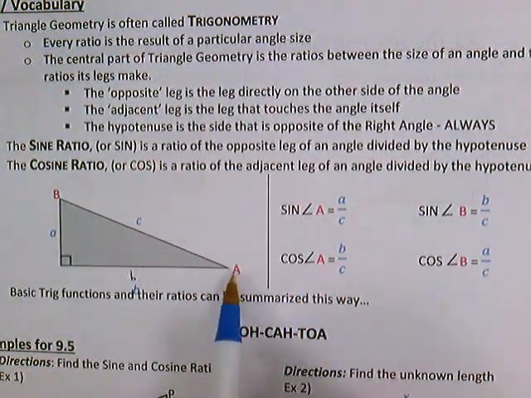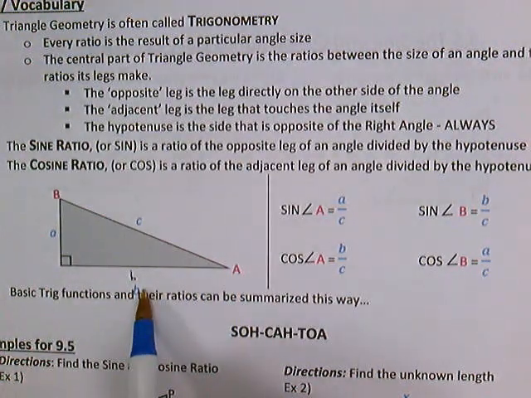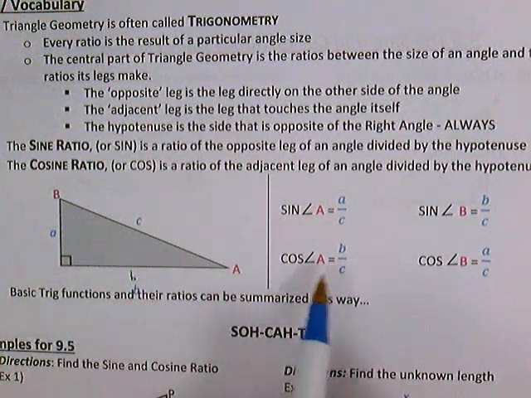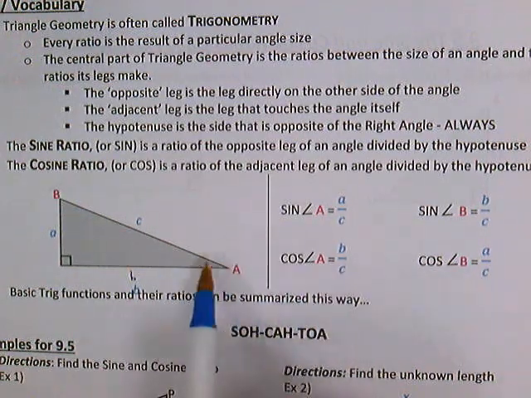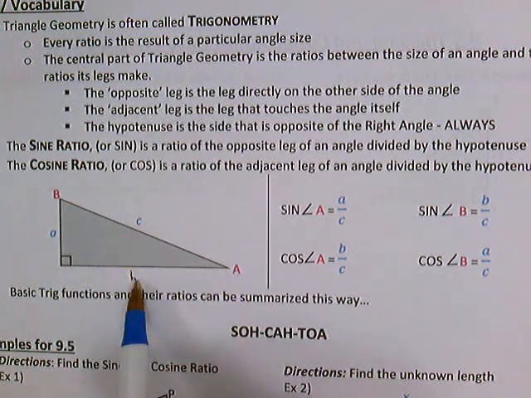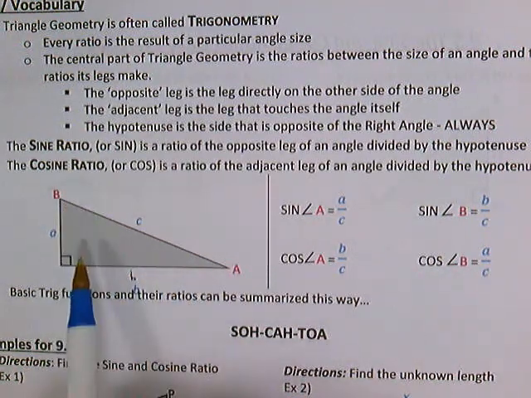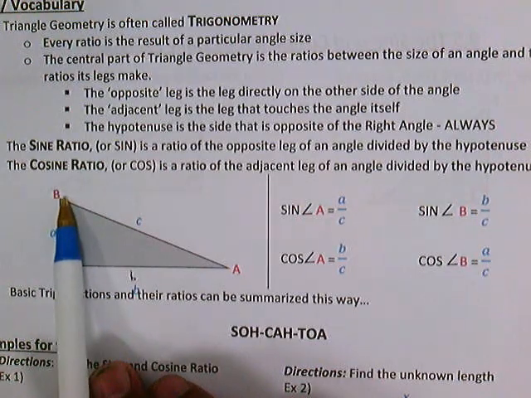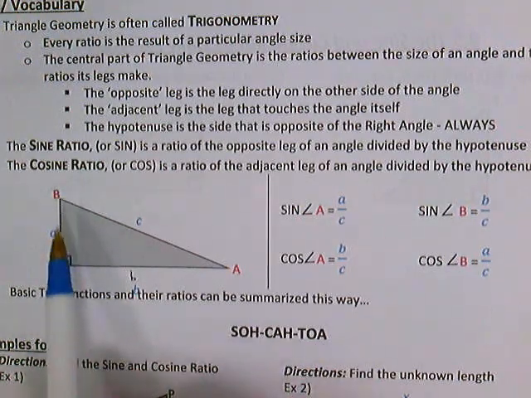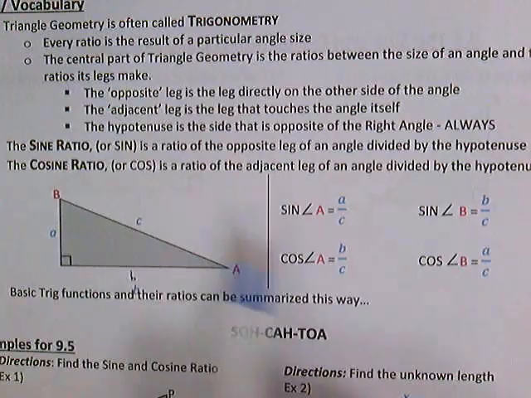In this case, the cosine of A is B divided by C. The adjacent leg, the one touching it, divided by C. Angle B is from this corner, this is the adjacent leg. So it's A divided by C.